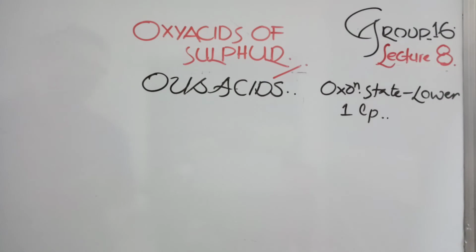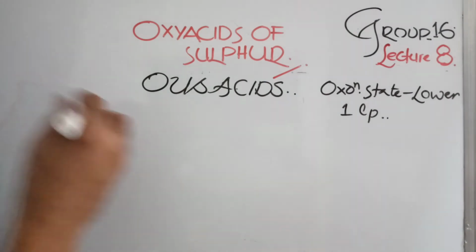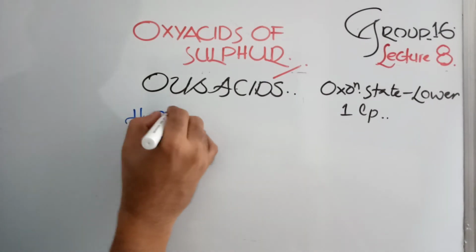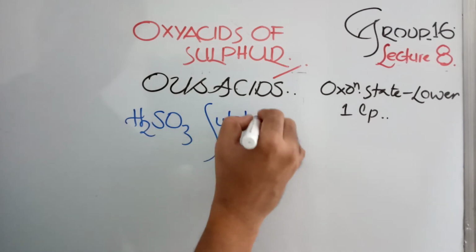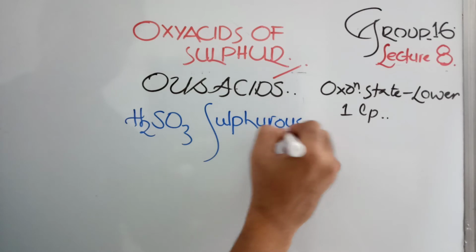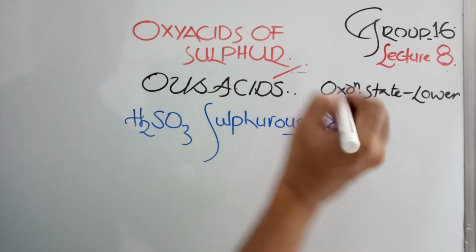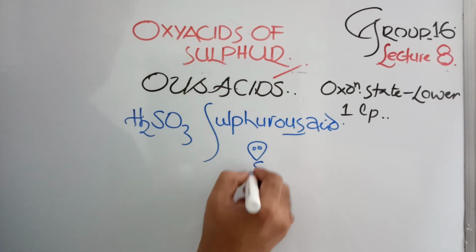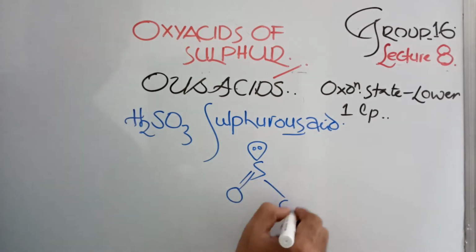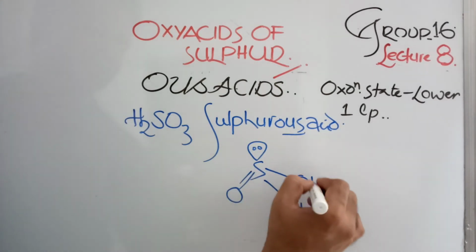The first ous acid is H2SO3, sulfurous acid. Structure is S, one lone pair as I said, one double bond O, OH and OH.